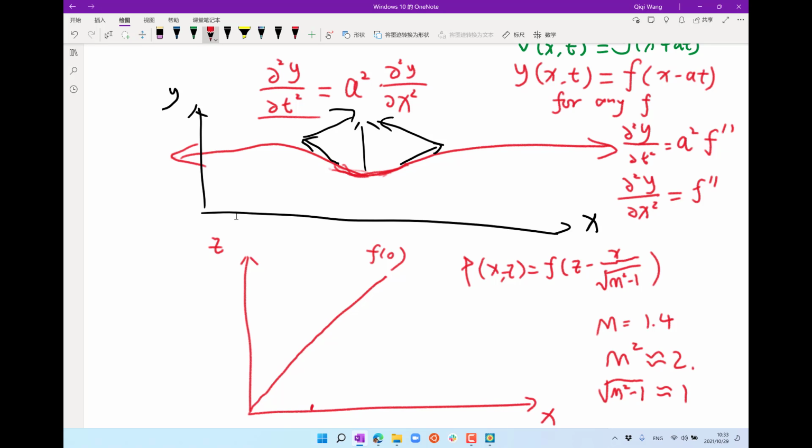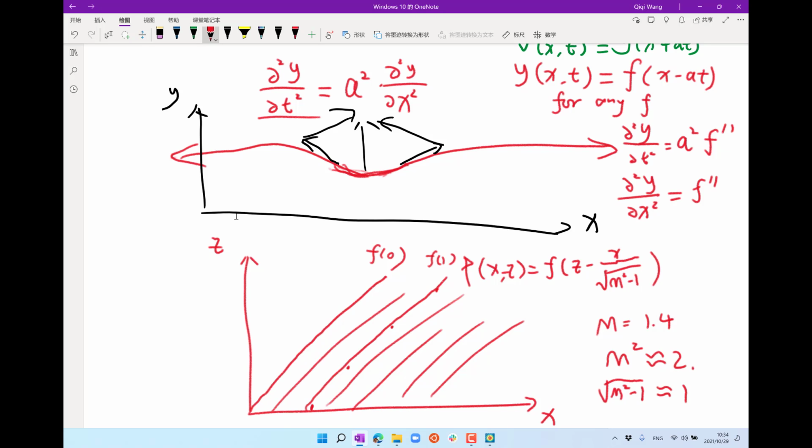X is equal to 1, z equal to 0, x 2, z 1, x 3, z 2, and x 4, z 3. That's this line. That's a different value, f of minus 1, right? And the contours are just like that, right? You can take different values of f, right? You see, essentially, on every straight line that goes up 45 degrees, you have the same value of p.